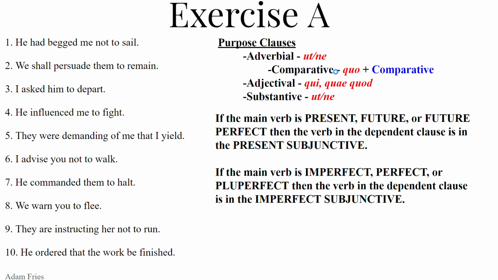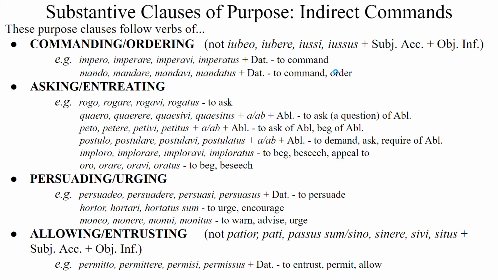So for number one, sententia prima, he had begged me not to sail. We need a verb for beg, and we have a few. There are going to be a lot of variations on this assignment. So beg, we can use peto, petere, petivi, petitus, plus ab and the ablative.